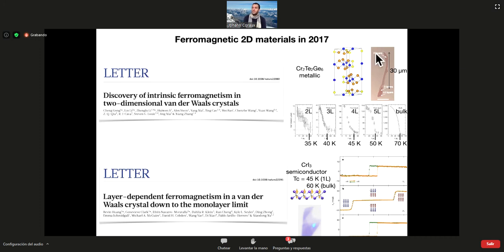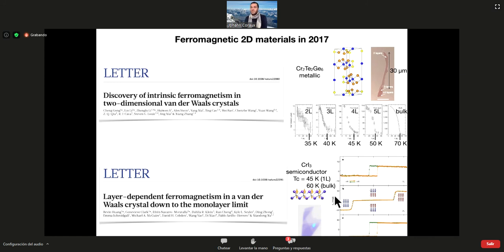You see two pictures of the samples here, exfoliated by the usual methods down to the single-layer or few-layer limit. Maybe the important thing I would like you to remember on this slide is the Curie temperature. You see there is magnetic order, so ferromagnetism, below a certain temperature, which is basically a few tens of kelvins. And this is usually smaller than what you have for the bulk compound, okay?